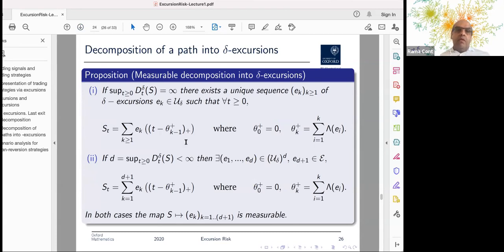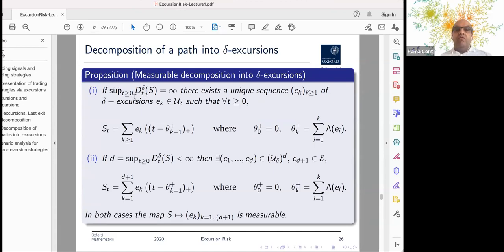This statement is more or less the same, but it now considers two cases. What we showed is that d_delta, the number of these delta excursions over a finite interval t, is finite for each t, but it doesn't say what happens when t goes to infinity. So there are two cases.